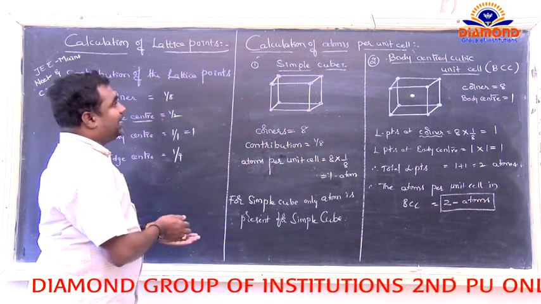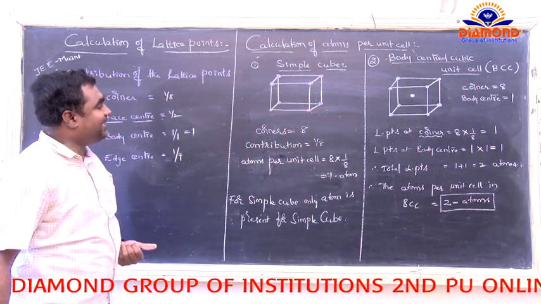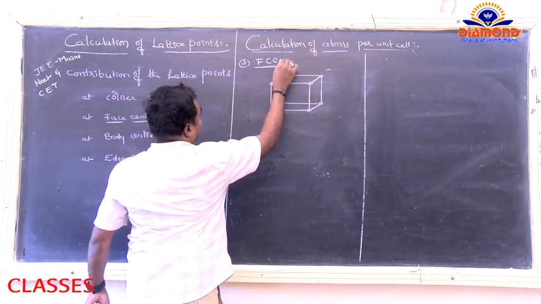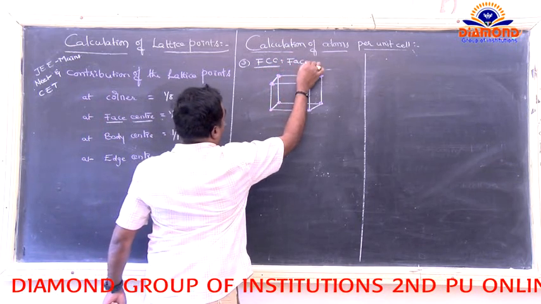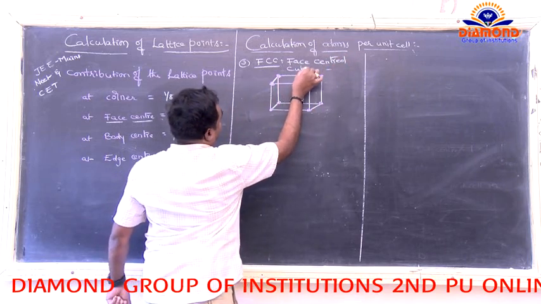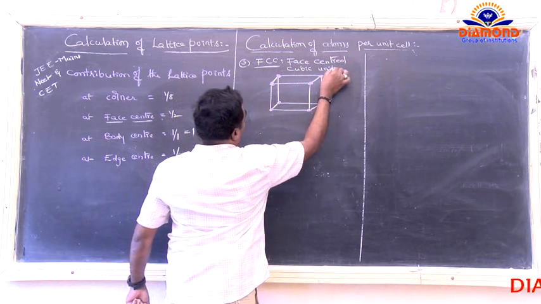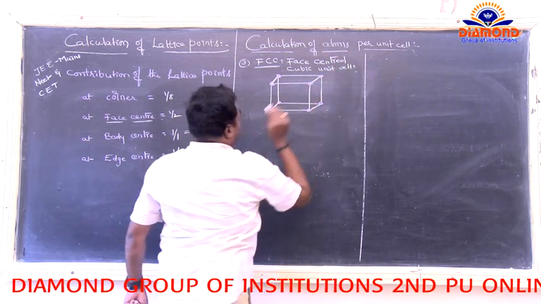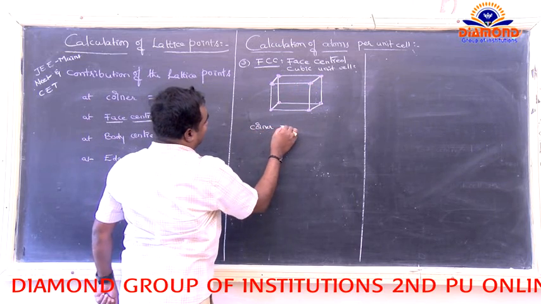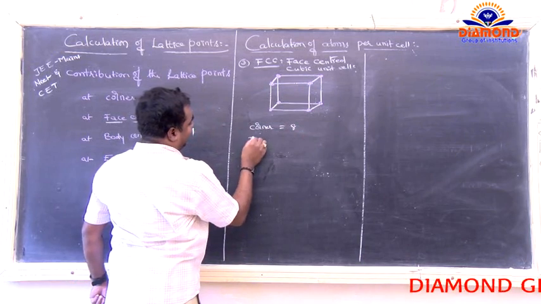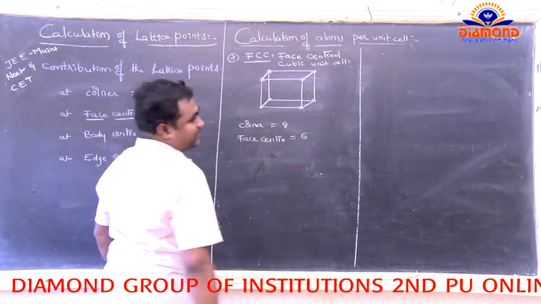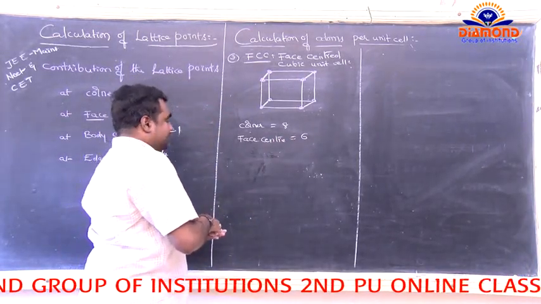Next, we go for the third one, the face centered cubic unit cell, FCC. So here for FCC, the lattice points are present at the corners, that means 8 lattice points at the corners, and at the face centers we have 6 lattice points.